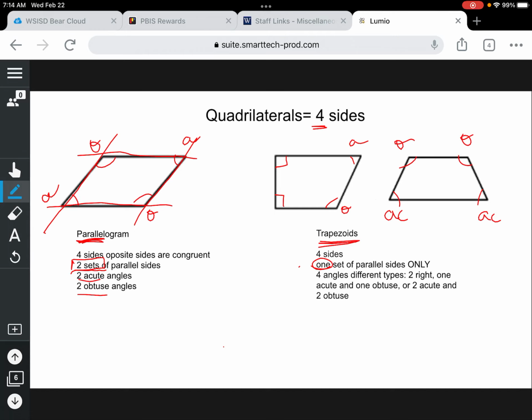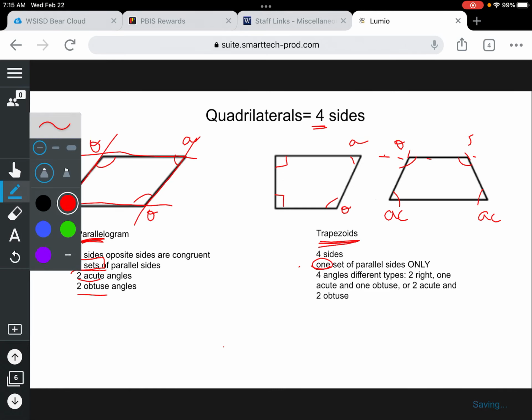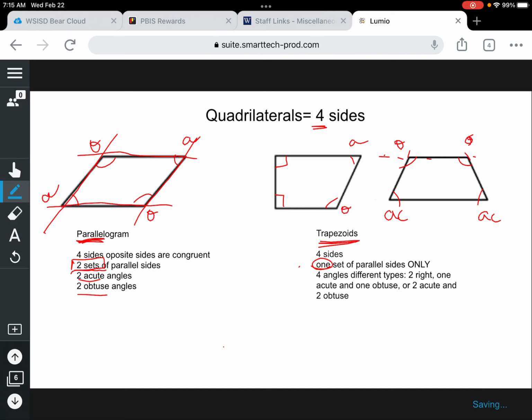But it's pretty easy for us to remember that the trapezoids used to be a triangle that we cut. That's one way that we can use to remember them. And that they don't have the sets of parallel lines that we talk about.